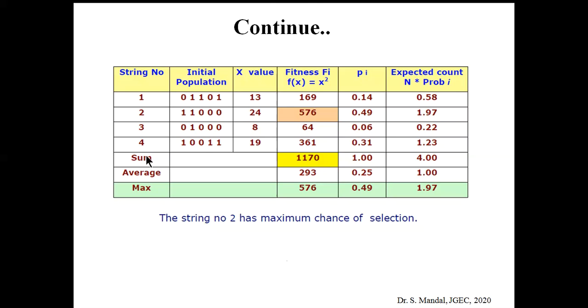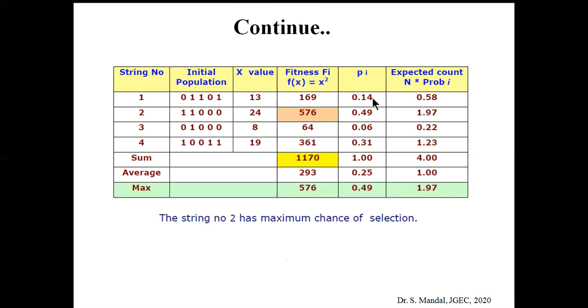So the probability for selecting chromosome 1 will be 169 divided by 1170, that is 0.14. For the second one, 576 divided by 1170, that is 0.49. 64, similarly. So you can see that for the four solutions, the corresponding probabilities are 0.14, 0.49, 0.06, and 0.31. If you sum them up, then obviously the total probability will be 1.